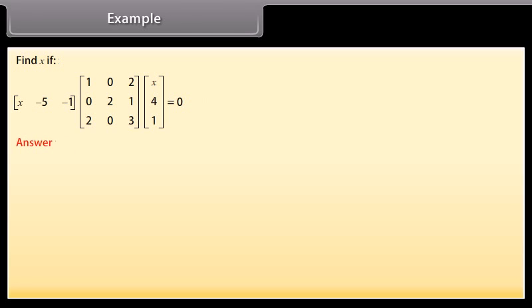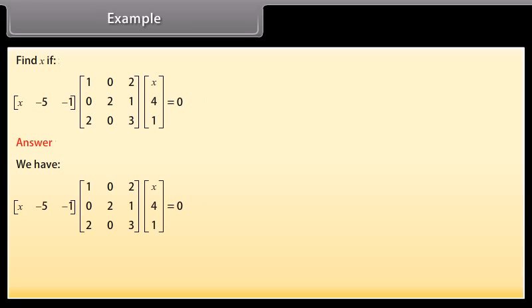Given that, we have [x, -5, -1] multiplied by the matrix with rows [1, 0, 2], [0, 2, 1], [2, 0, 3], multiplied by the matrix with rows [x], [4], [1], is equal to 0.